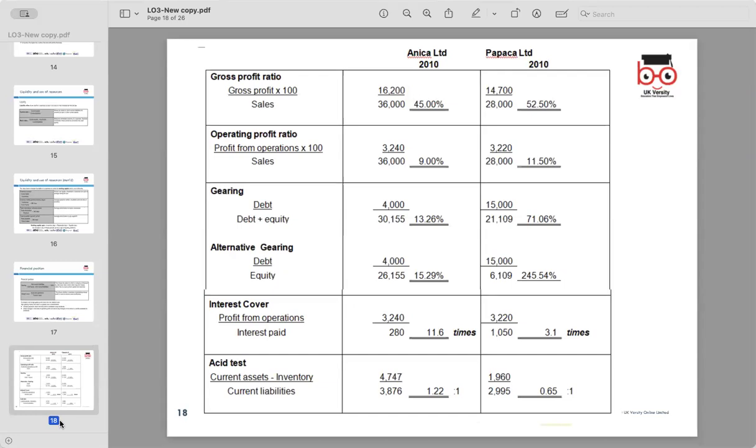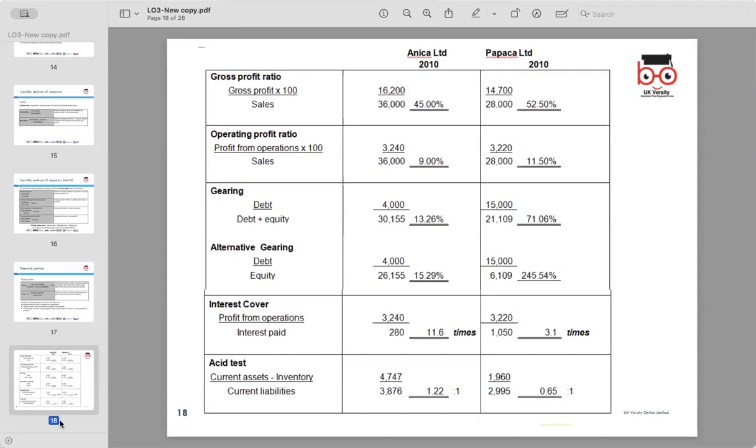Gearing ratio shows the proportion of a company's capital structure funded by debt. It is calculated using two methods: debt divided by debt plus equity, and debt divided by equity. Anisha Limited's gearing ratio was 13.26% using the first method and 15.29% using the second method.